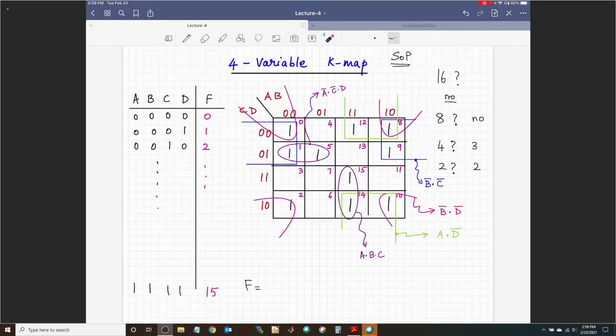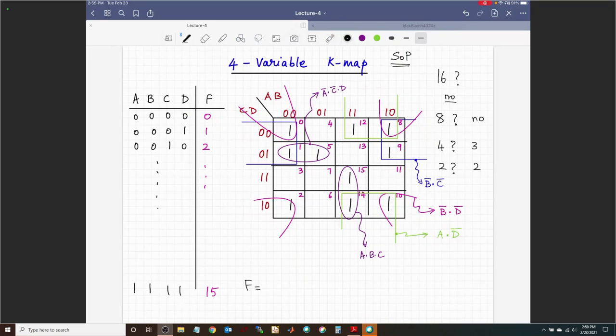So for the green term, this and this, right? A is a 1, B is changing, so that gets eliminated. And if you observe, 0, 0, 1, 0. C is changing, gets eliminated. D is a 0, that stays as D complement.